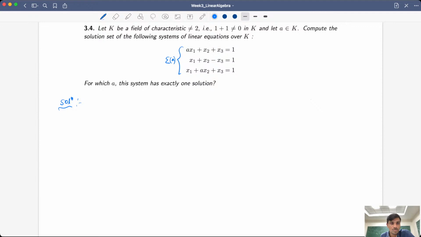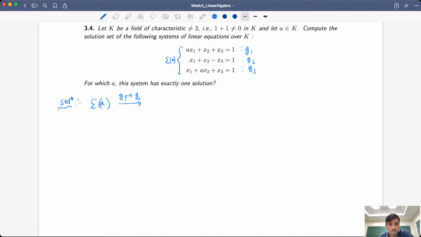So applying G12 to epsilon A. This is my G1, this is G2, and this is G3. So I interchange G1 and G2.